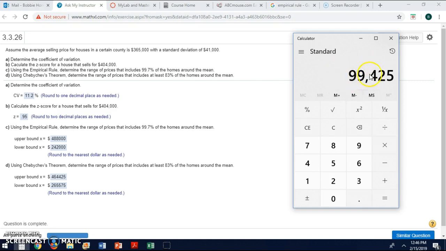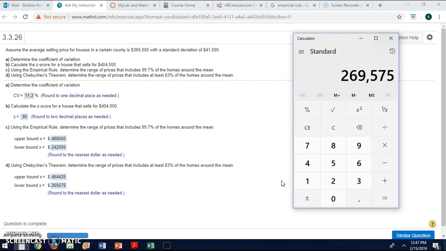So your upper limit would be 365,000 plus 99,425, so you would get 464,425. Then 365 minus 95,425, and that would give you, actually, I think I put the wrong number in.